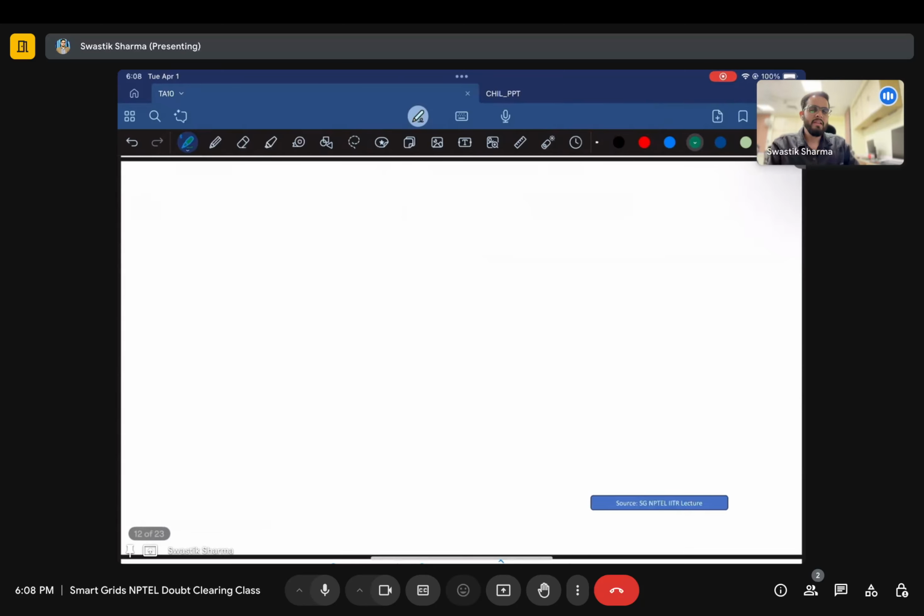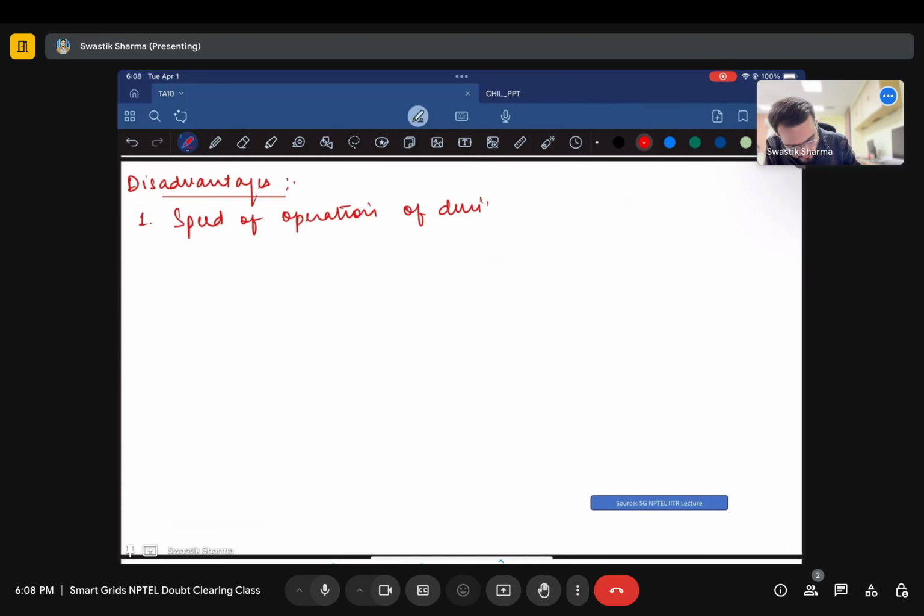So let's discuss what the earlier scheme was and what the disadvantages and the advantages are, right? So the disadvantages were simply, what was the first? The speed of operation of the devices was not considered, right?